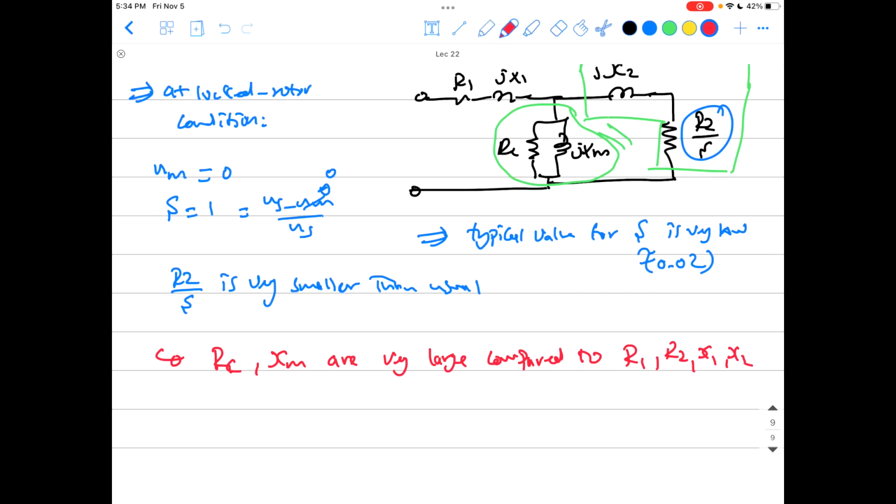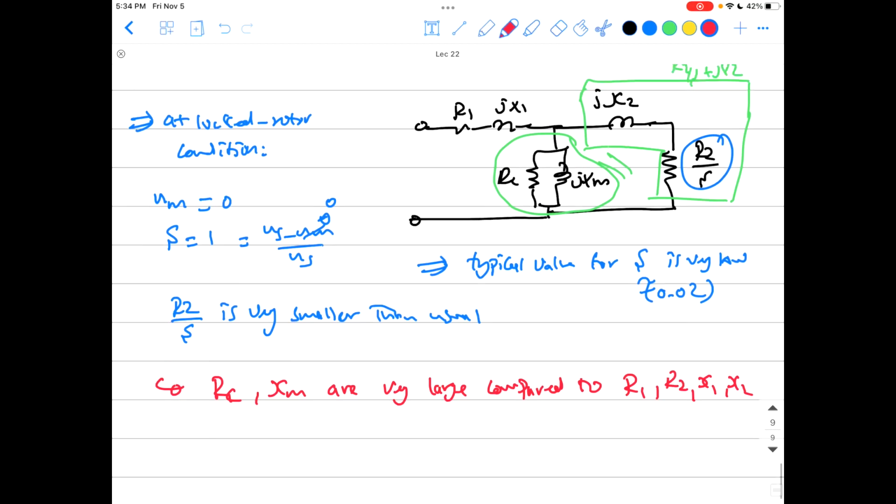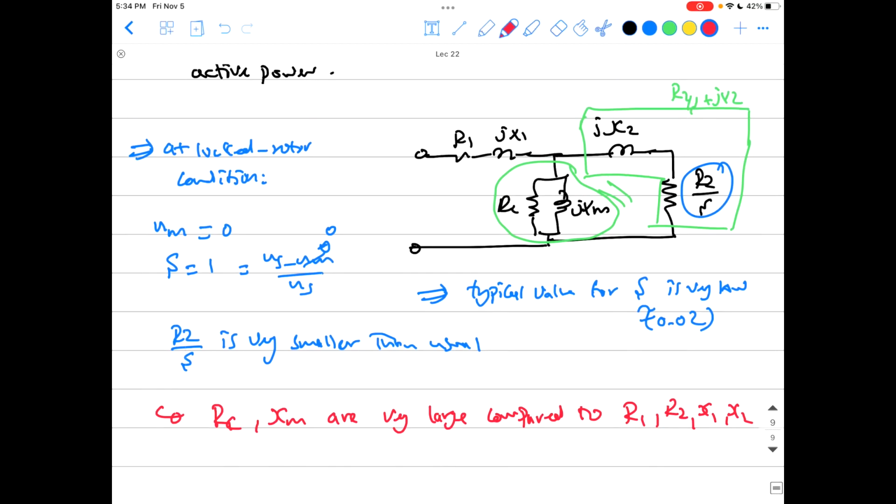That's how the machine works, guys. So RC and XM are usually very high values. Typically, actual machines work like that. And it makes sense because it's a shunt element here. So the current moving here is basically going to magnetize the core, and it's for the core losses. So it's logical for it to be very small, and that will not happen unless RC and XM are very high values. So that's the whole point of that.